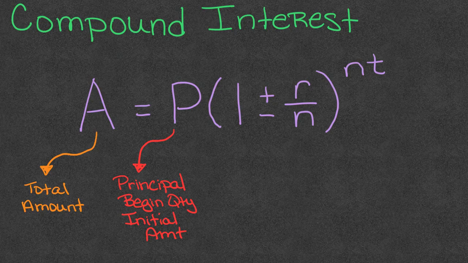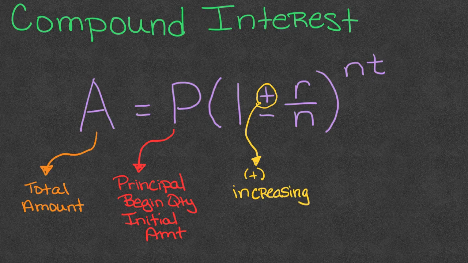Okay, so then we have our 1, and then we have plus or minus. Now, the plus or minus, really, you're going to only focus on the plus in this equation. So that's going to give you some kind of indication in the word problem that the values will be increasing.